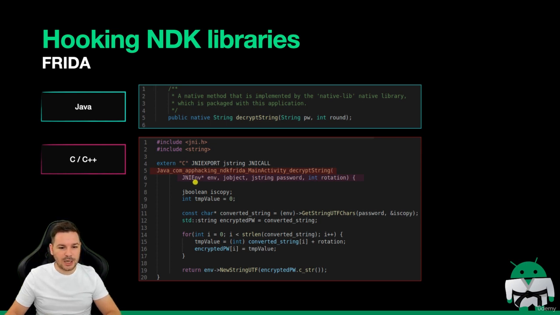We have a JNI environment, we've got a jobject, then we've got a jstring, which is named password. I mean, those names do not need to match, because this is C++ code and this is the Java world, but the types over here need to match. Last but not least, we've got this round or rotation parameter. As already mentioned, the name doesn't matter, just the type.